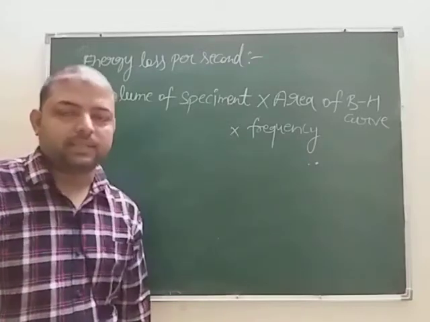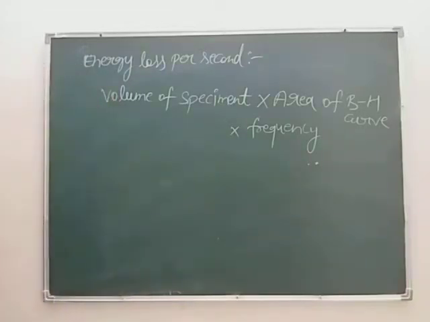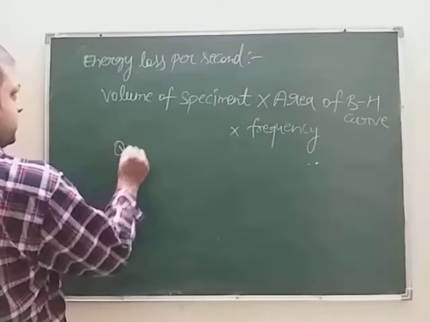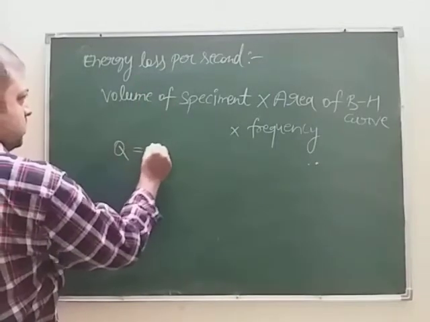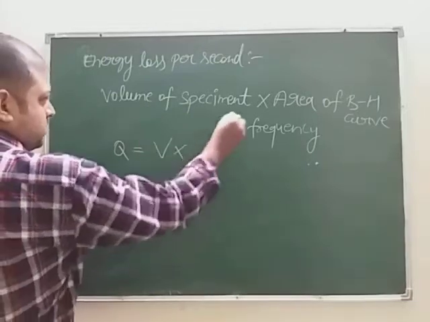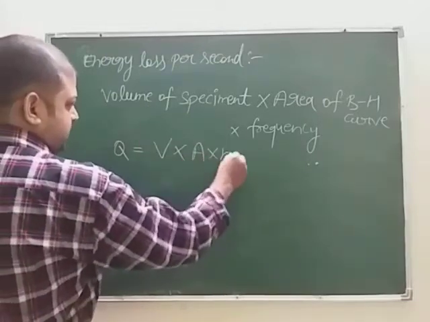So you can write Q is equal to V into A into N. Q, energy loss per second, is equal to volume into area into frequency N.